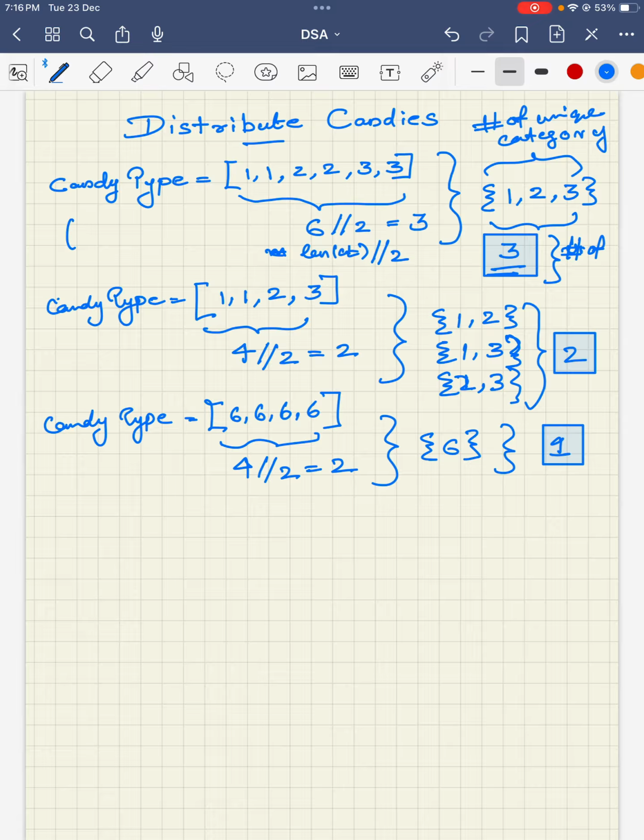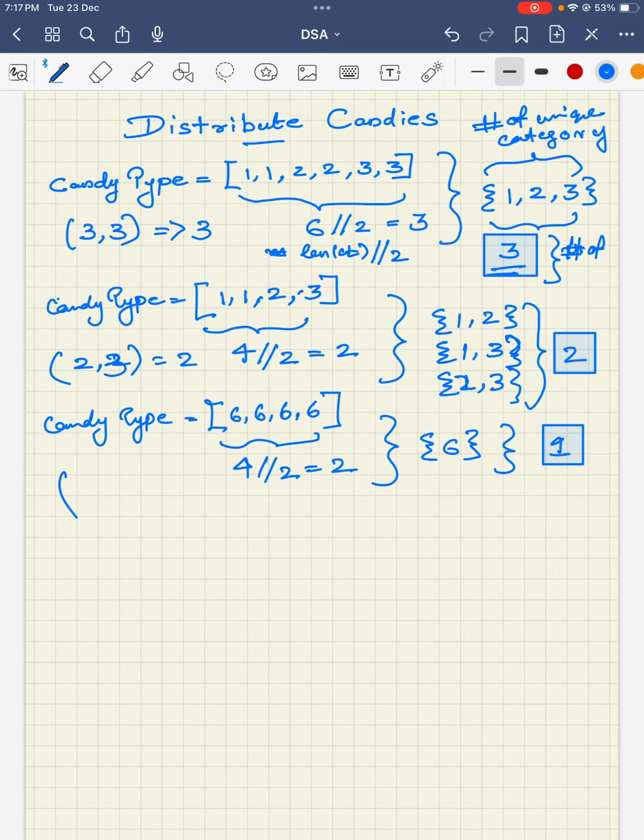In the first example, it was the minimum between 3 and 3, and the answer turns out to be 3. In the second example, it was the minimum between 2 and 3, since the unique categories were 1, 2, 3, and the answer turns out to be 2.